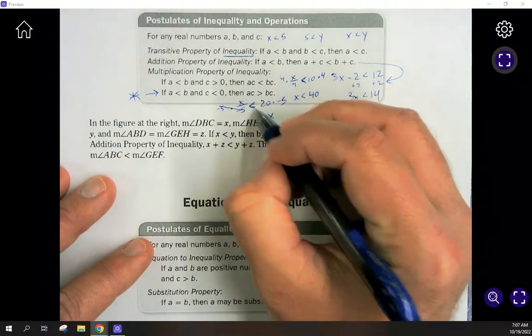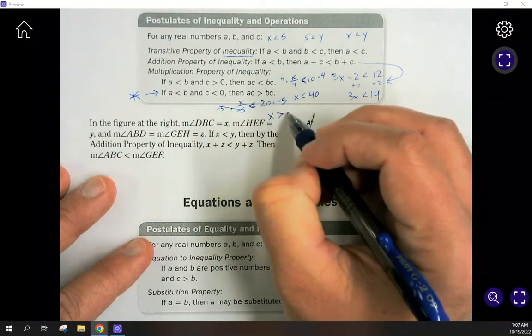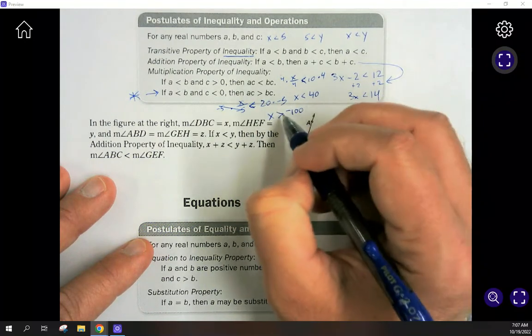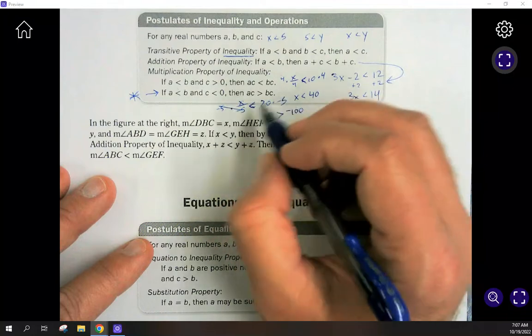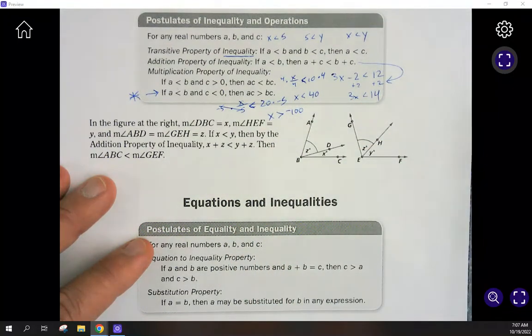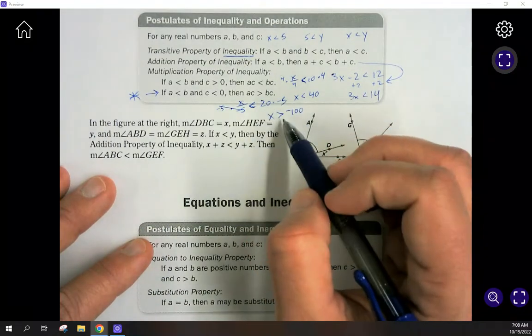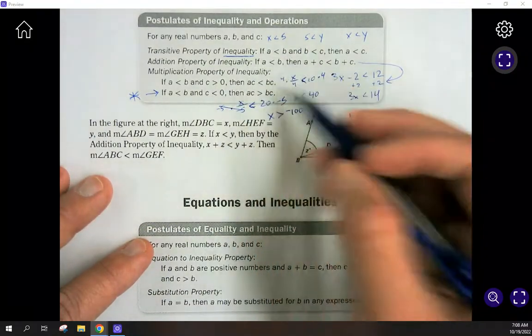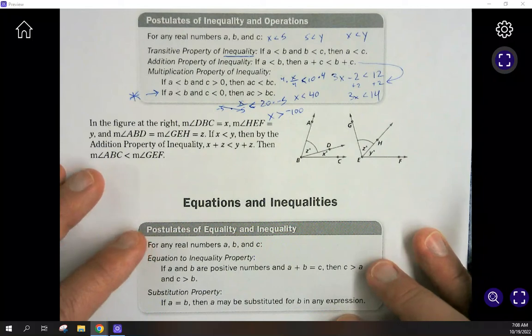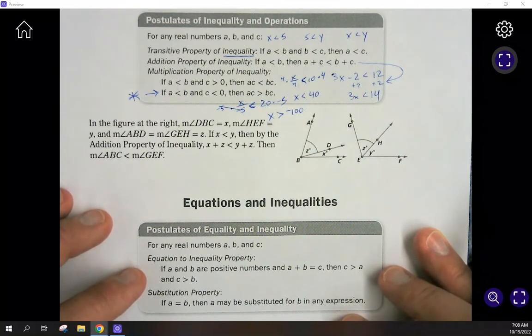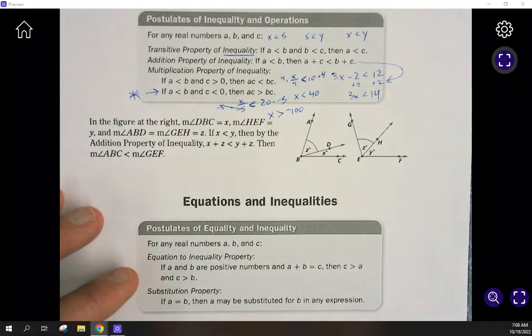I have x, this has to flip, and I get negative 100. So the key is if you multiply both sides by a negative, and that would include division, multiplying and dividing can be expressed similarly, I have to flip the inequality. So we've covered that in algebra before and reviewed that again this year. But how does that now apply to geometry?